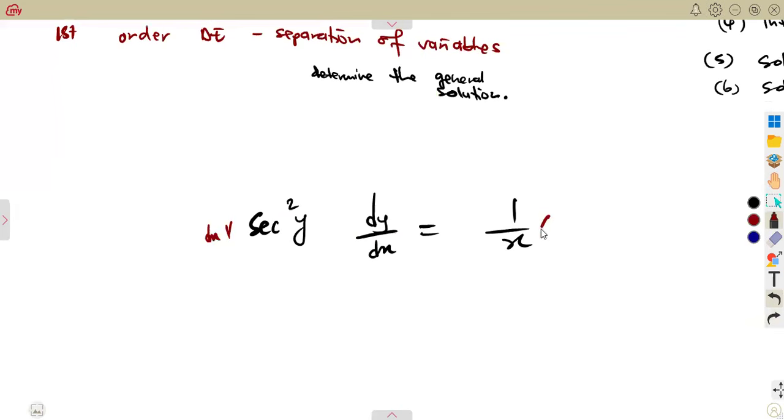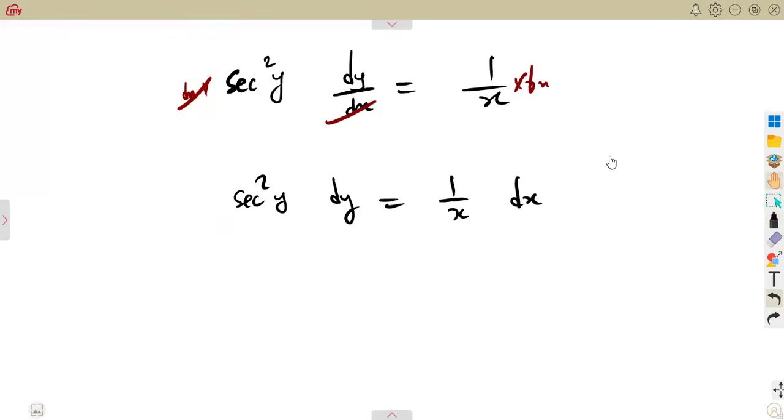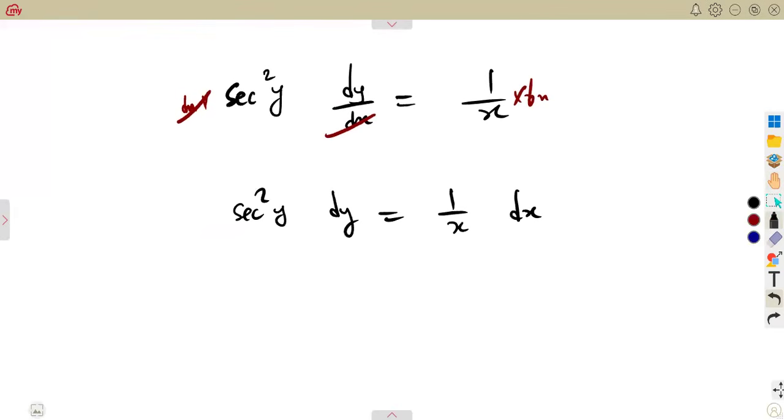So that means we are having a sec squared y dy, which is equal to 1 over x dx. So that's it. So you can actually separate these. We've separated the part of y on its own, the part of x on its own, then integrate both sides.